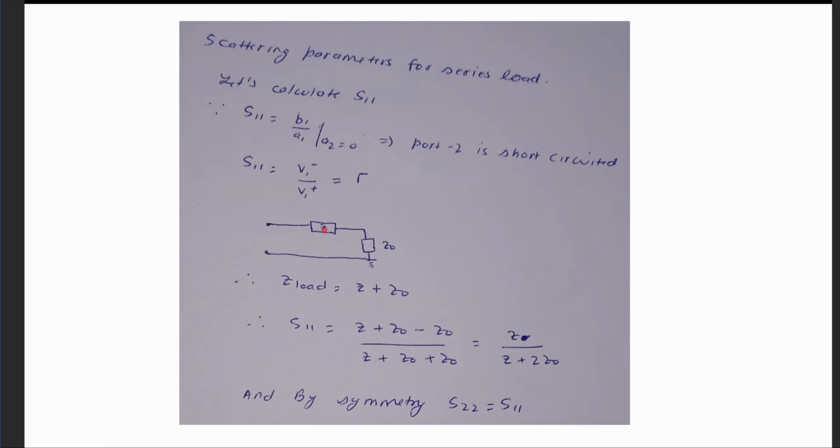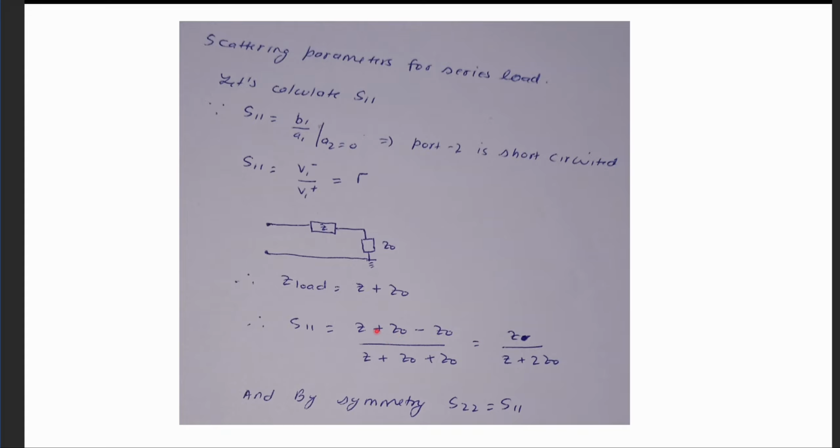I am using the same concept. Your port 1 has a characteristic impedance of Z0, and now it is seeing this much load, which is Z plus Z0, because they both are in series. Therefore your Z load will become Z plus Z0, and S11 you can directly write as ZL minus Z0 upon ZL plus Z0.